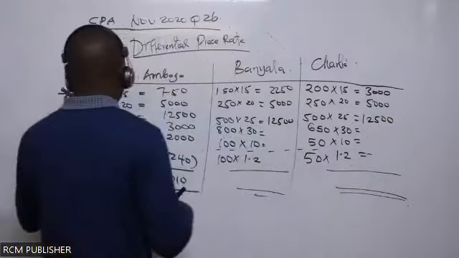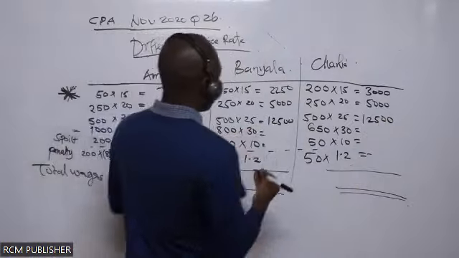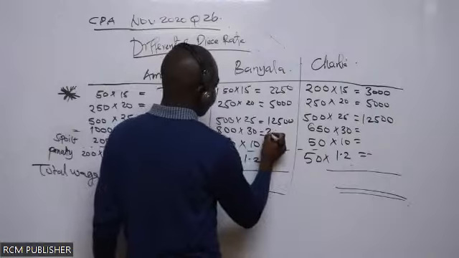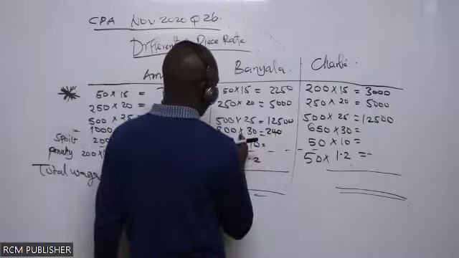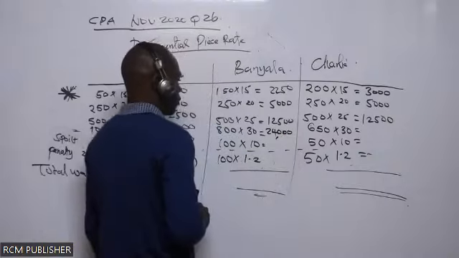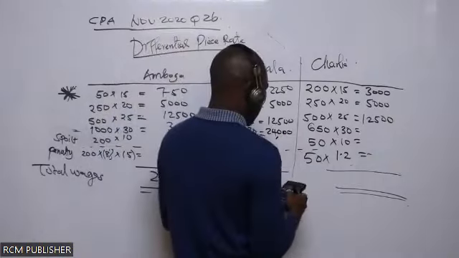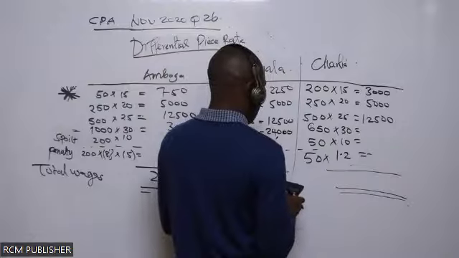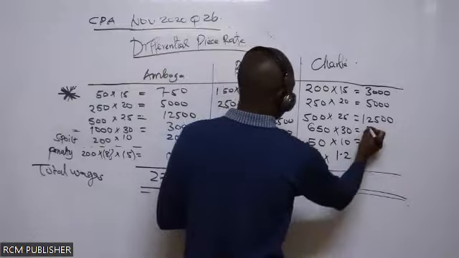Then now the excess, 1,000 by 800 by 30 will give me 24,000 if I'm not wrong. 650 by 30 will give me 19,500.